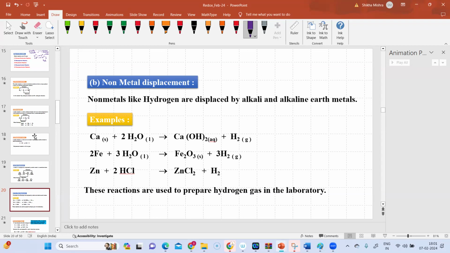So you can understand that hydrogen is being displaced, or hydrogen is being prepared or given out in this reaction. Most of them, whichever is available, either calcium or zinc or iron, we react water with them, and then get hydrogen, right?